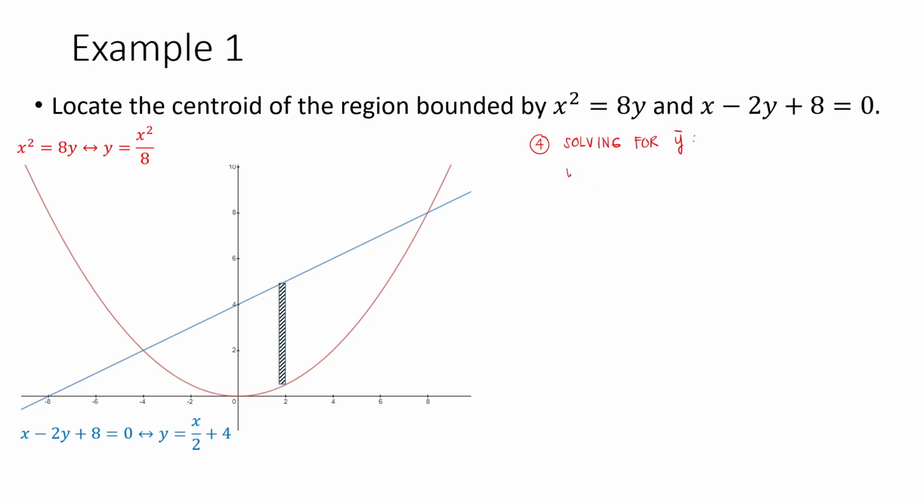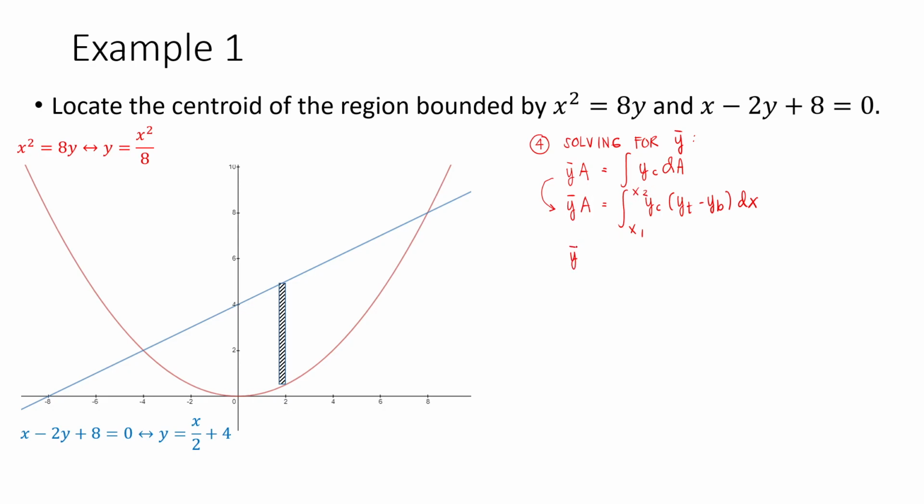If you write the formula, that will be bar y times the area is equal to the integral of y sub c times the differential area. Since our differential area is the vertical strip, this translates into bar y times the area, and since we'll be utilizing the same vertical strip, this is y top minus y bottom dx from x1 to x2.